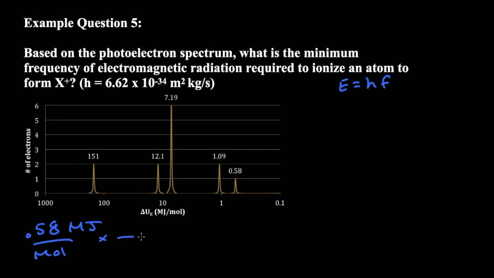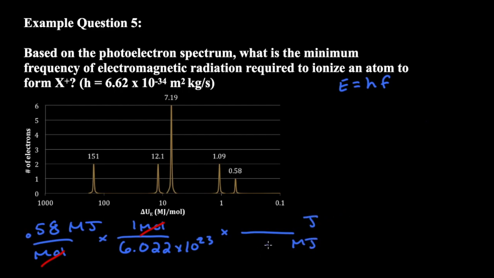We're going to multiply that by 1 mole up here, and then divide by Avogadro's number, which is 6.022 times 10 to the 23rd power. That will get rid of the moles, as they cancel out. Then we want to go from megajoules to just joules. So we'll put a megajoule on the bottom and joules up top.